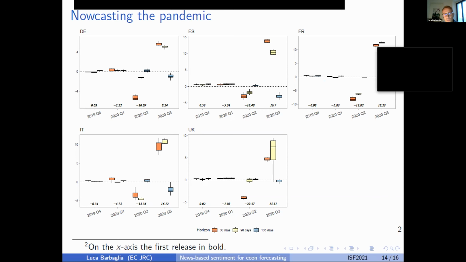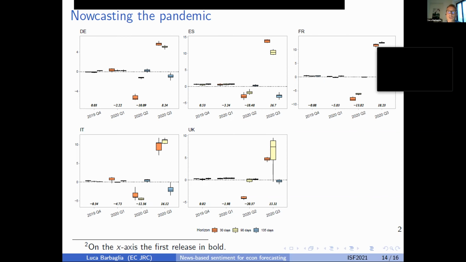Nevertheless, if we move to the second quarter and third quarter of 2020, we see that we get the correction right. We see that, as Simone showed before, we have the monotonicity of the forecast. So the closer you get to the actual release, the closer you actually get to the forecast.